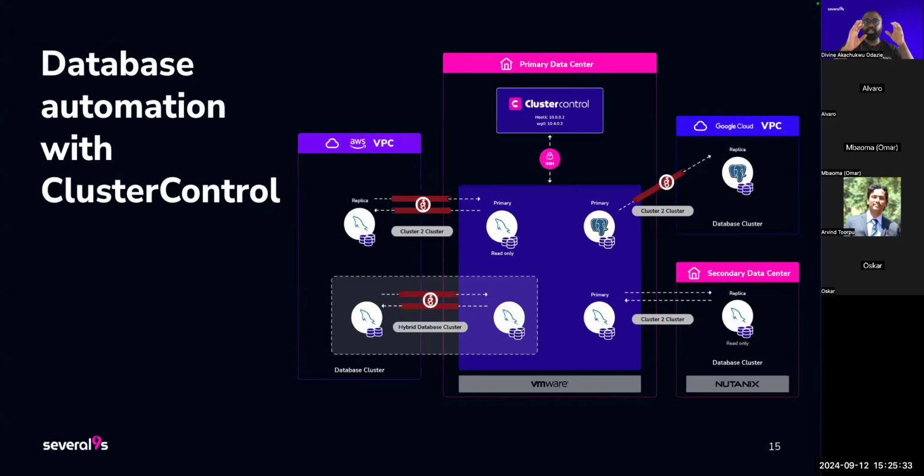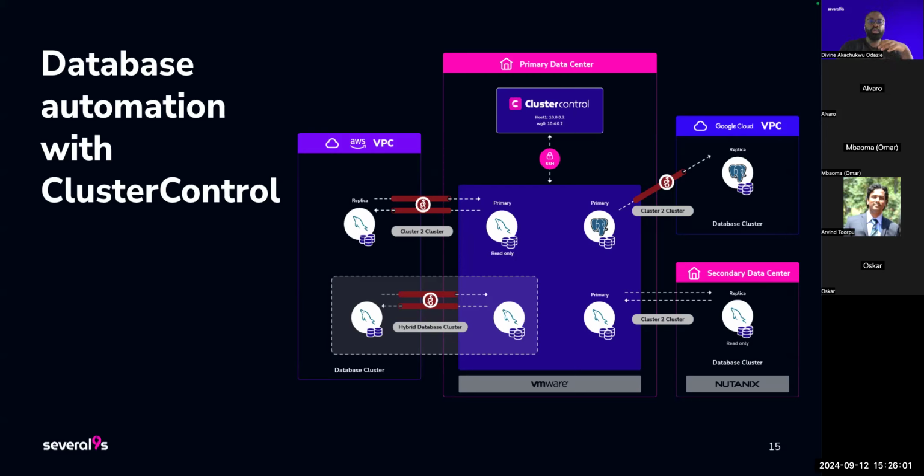So here's a quick example using ClusterControl. ClusterControl is a database automation tool. This example is hybrid database clusters deployed and managed by ClusterControl. As you can see, some databases are deployed on AWS, some on GCP, and also on VMware in the primary data center, and on the secondary data center on Nutanix.